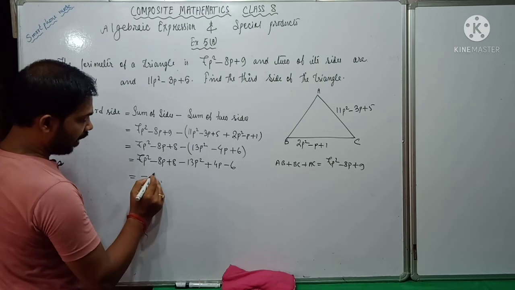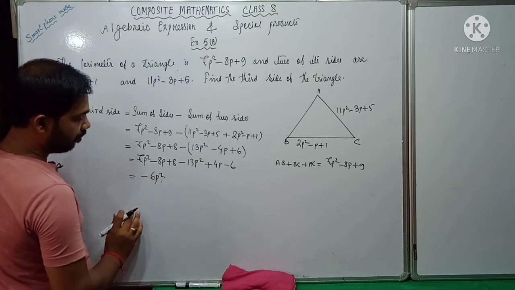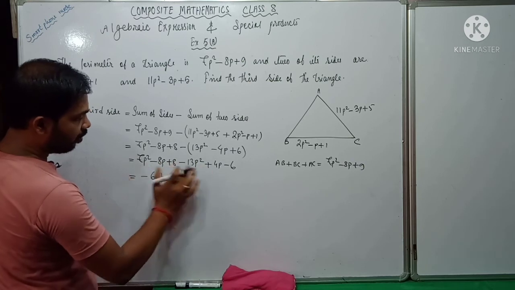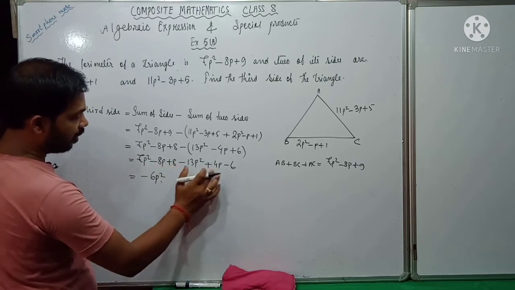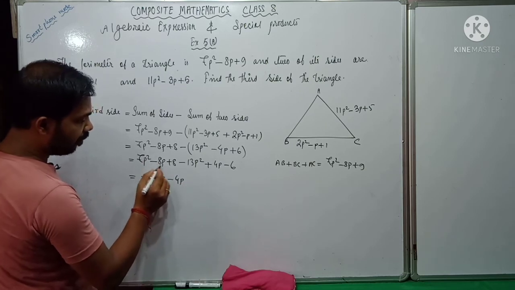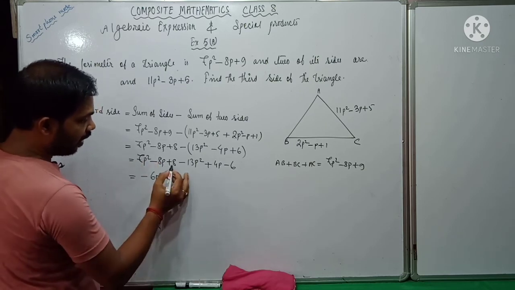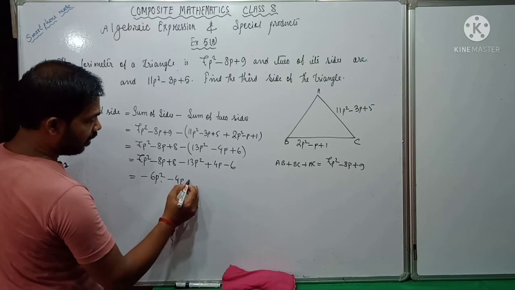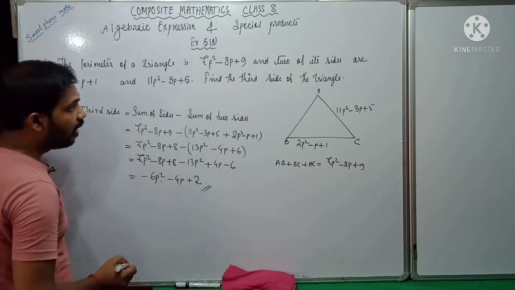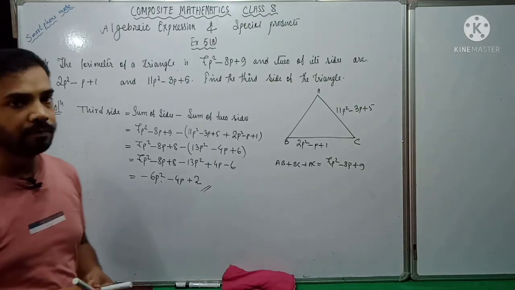It will be left with minus 6p square. Okay, from 8p if you subtract 4p, the signs are different, so you have to subtract, it will be minus 4p. Why did I put minus? Because the bigger number has the minus sign. And from 9 if you subtract 6, then it will be left with 3, and the sign will be plus. So this is our result. Okay, thank you.